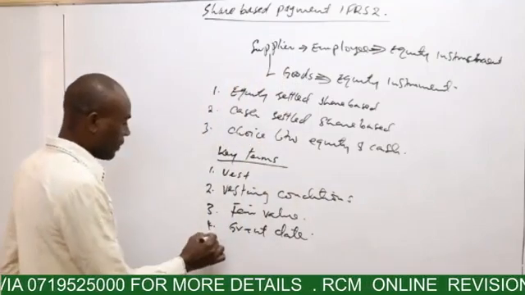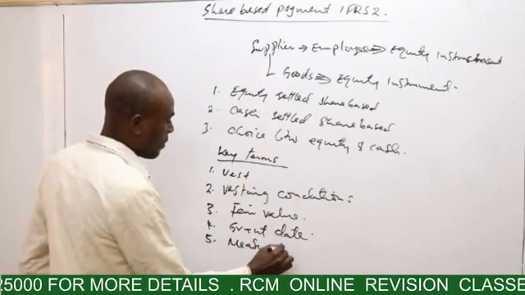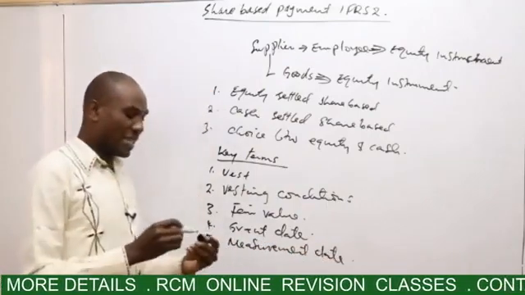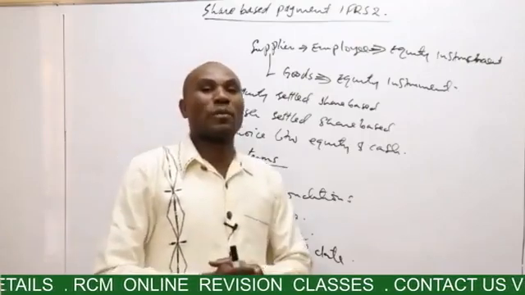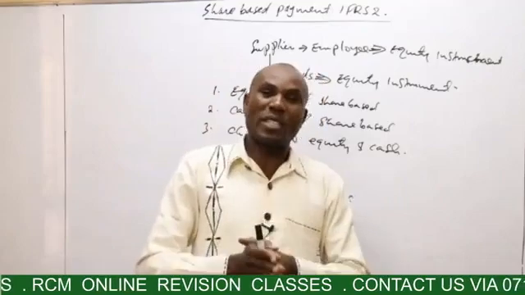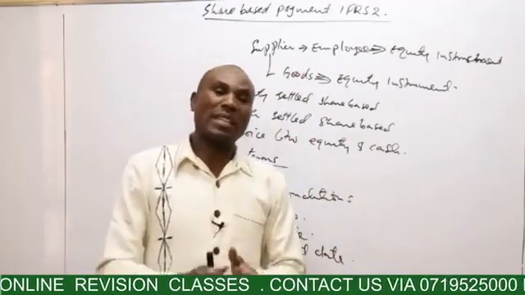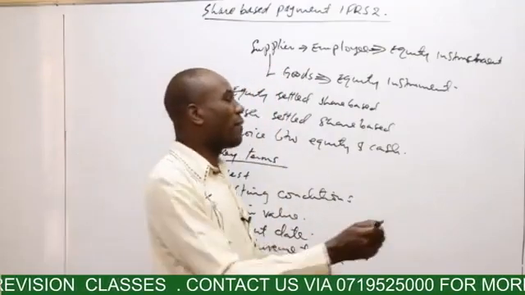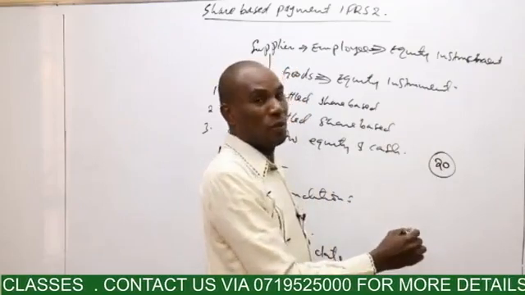Then number 5, we have something called measurement date. Measurement date is the date when the fair value of equity instruments is measured. For example, today we agree that our fair value shall be shillings 20 per option.